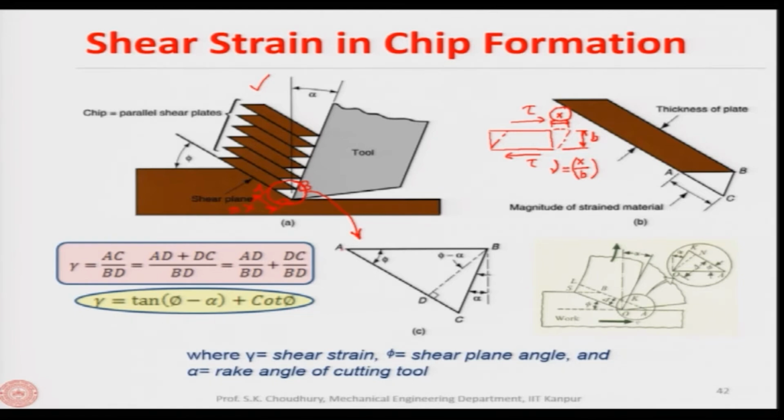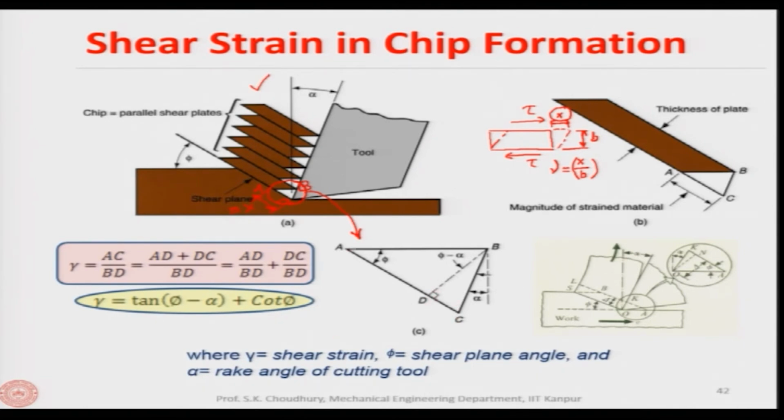So, AC is the movement of the material because of the shear stress applied from the tool, and the distance between the two layers, equivalent to B, is found if we draw a normal from the point B to AC, intersecting at D. So BD is normal to AC, and this is the 90° angle.